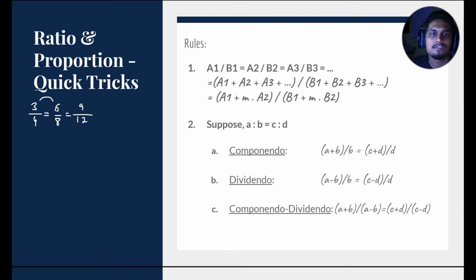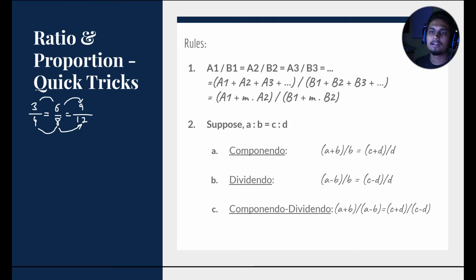That means 3 is to 4 is equal to 6 is to 8 is equal to 9 is to 12. If you observe it properly, you will see the addition of 3 and 6 is 9, and the addition of 4 and 8 is 12. Correct. So if you multiply the numerator and denominator by any number, you will get some other ratio.